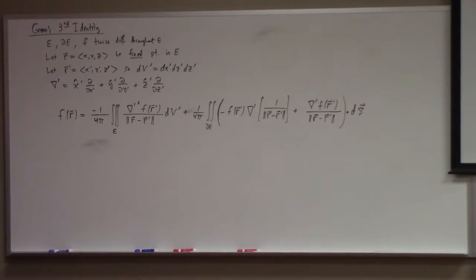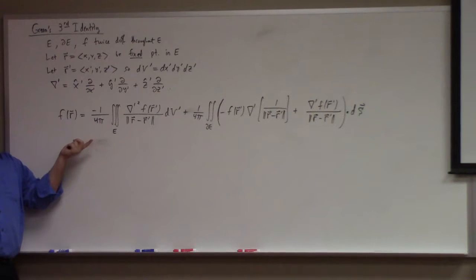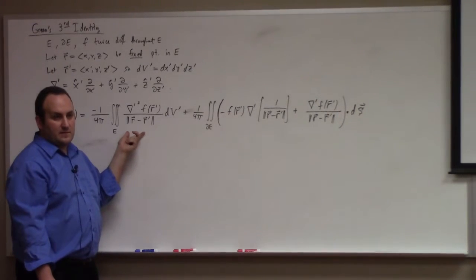But before I do that, just stop and appreciate what this identity is. Look at it. What is it? It's saying the value of the function at a point inside the solid region E is given by this particular volume integral and that particular surface integral. What is the volume integral? The volume integral is integrating the Laplacian squared, right?